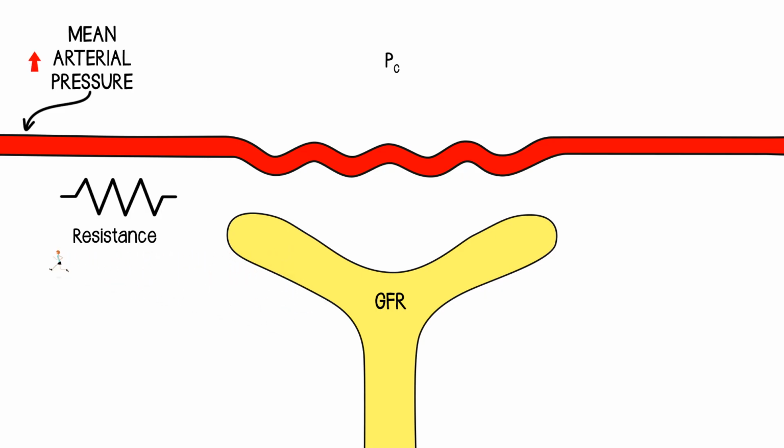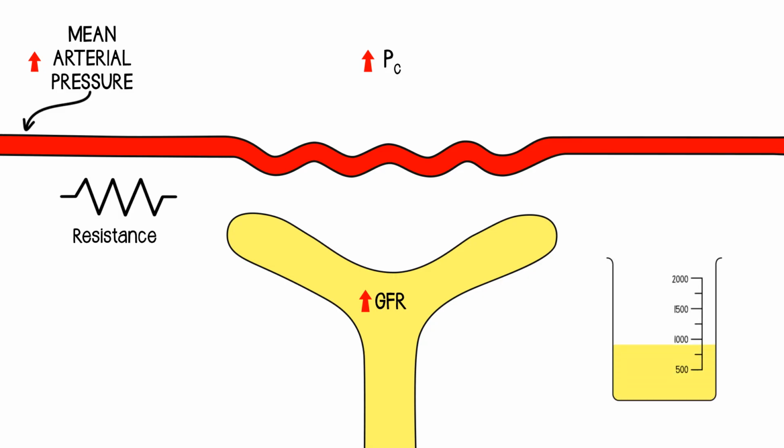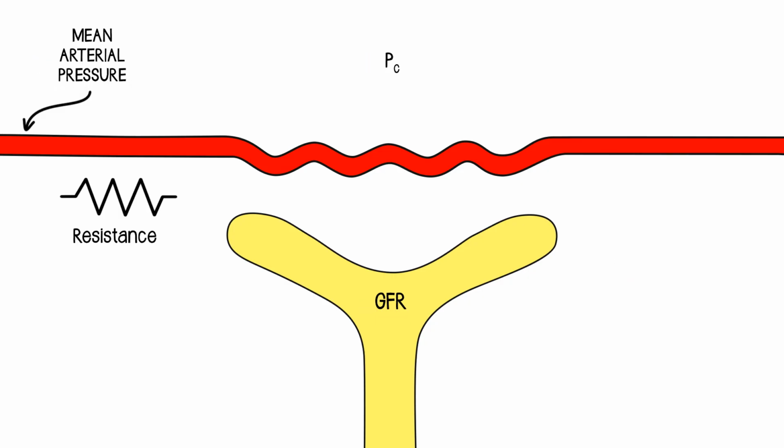If all else were equal, we would expect capillary pressure to rise, we would expect glomerular filtration rate to rise, and if we didn't do something about it, we might be producing excess urine. Now that's the last thing you want if you're doing some kind of sustained exercise where you're sweating, you're likely to become dehydrated. You don't really want to increase your glomerular filtration rate.